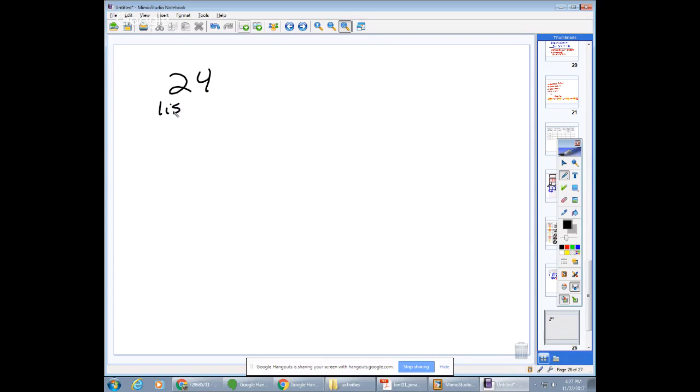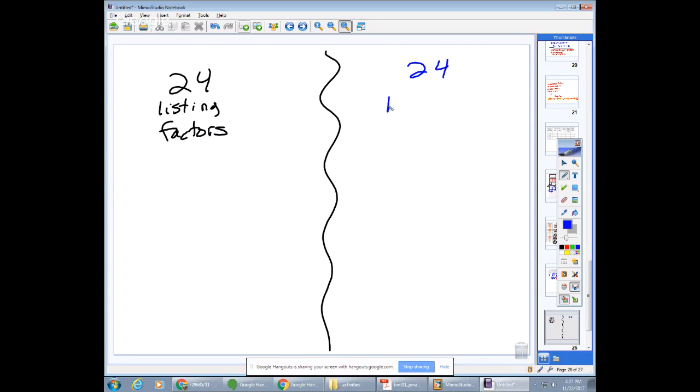One is listing factors. And another procedure we do sometimes with a number like 24 is we make a factor tree. So I just want to differentiate between those two techniques. With listing factors, I look for pairs of numbers that multiply to give me 24.